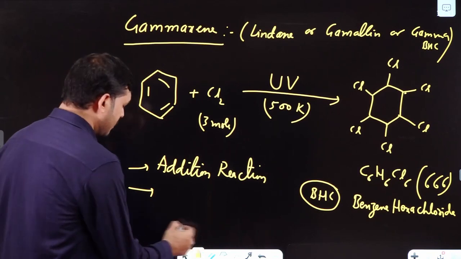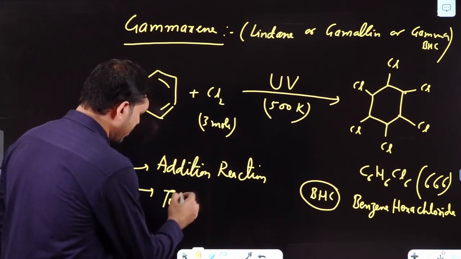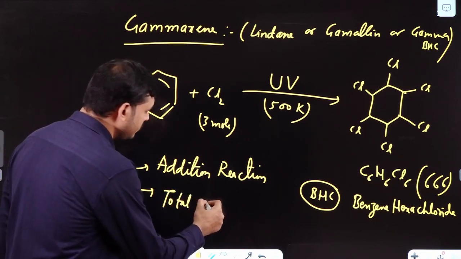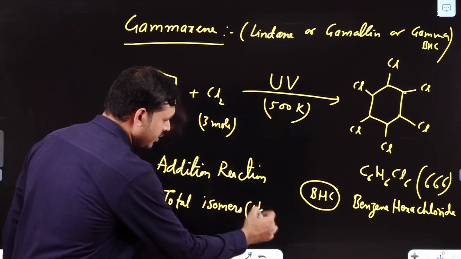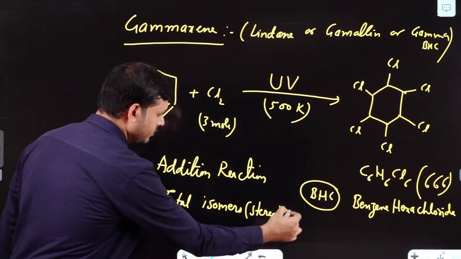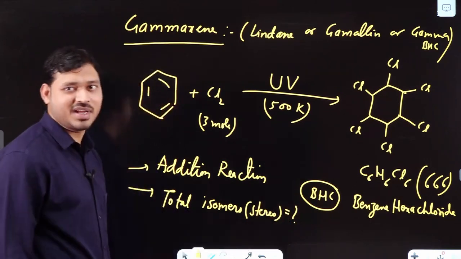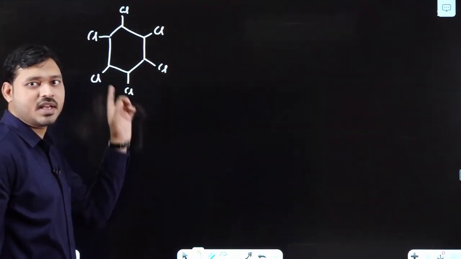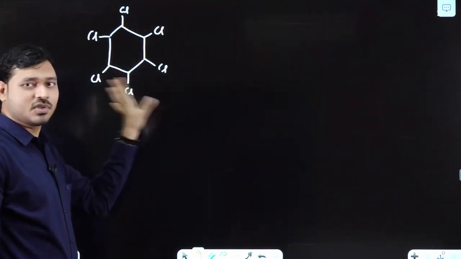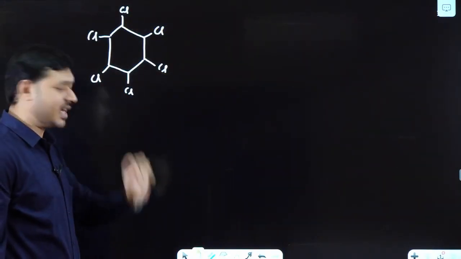So the total stereoisomers, this is your question. Okay, first of all draw by yourself. So dear students, here I have drawn the normal case. Okay, now let me take all the cases.